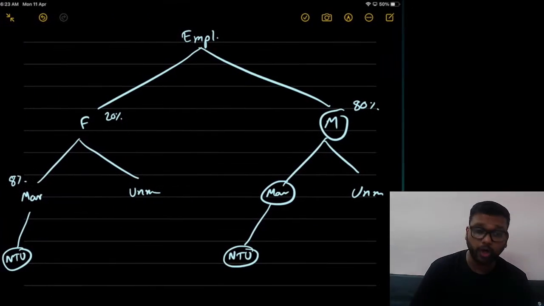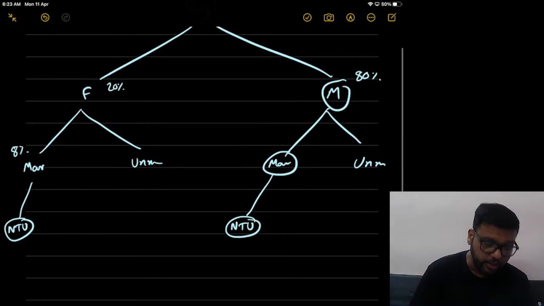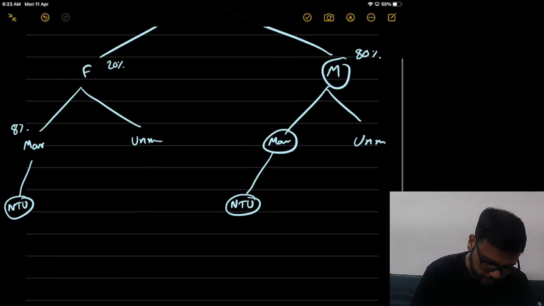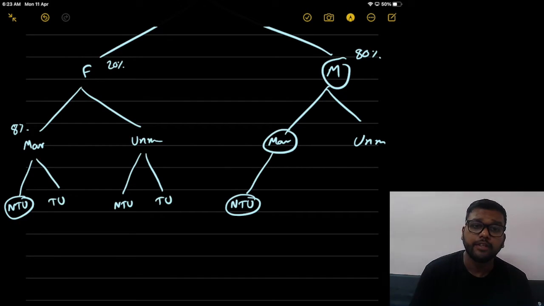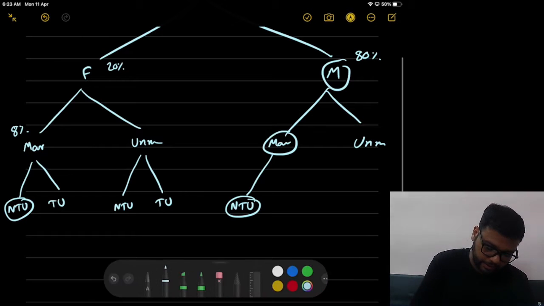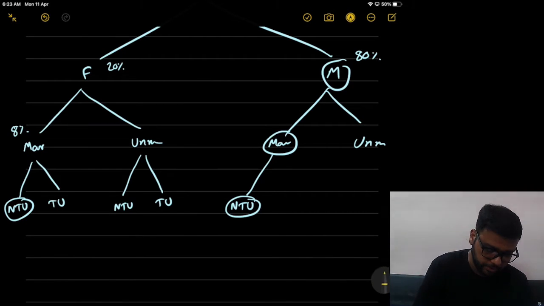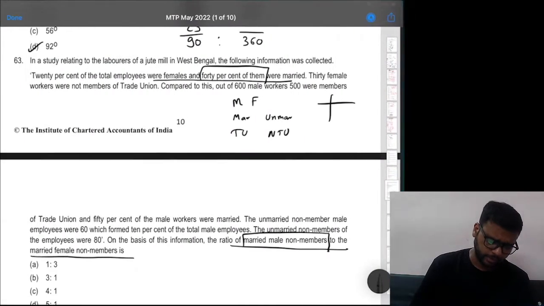Understand? Not members of trade union means in unmarried female also there will be some non-trade union and trade union. Similarly, here also there are some non-trade union, trade union. They are saying 30 female workers were not members of trade union. That means this plus this is given as 30.